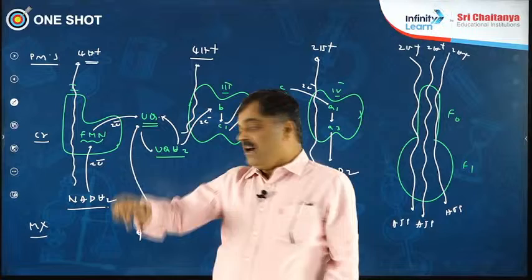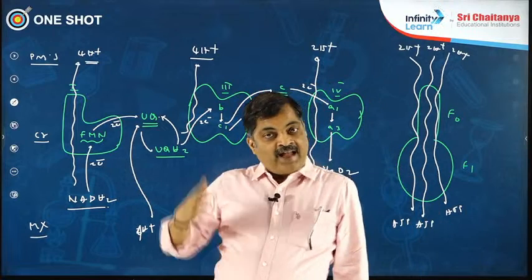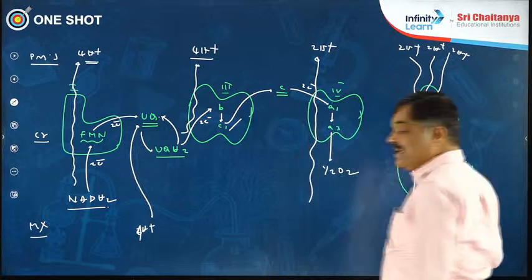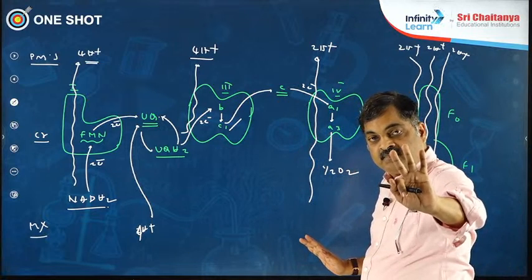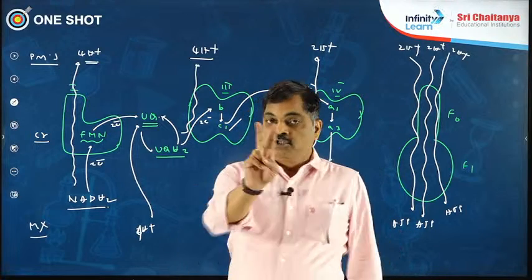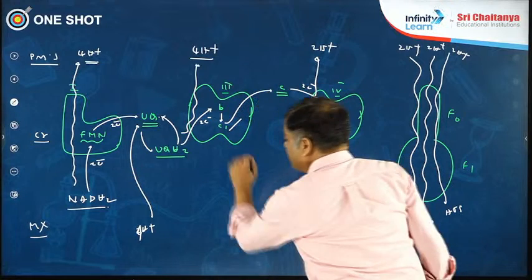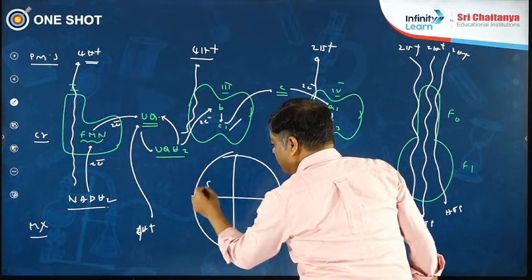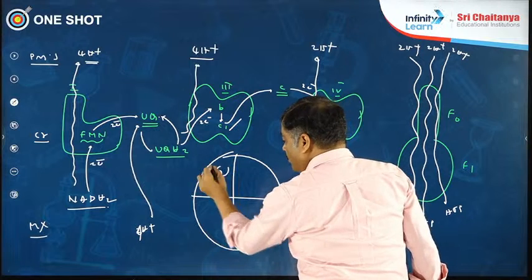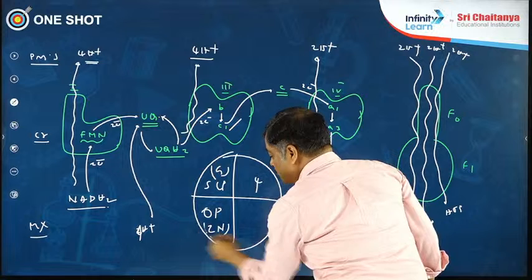It is very clear that 1 NADH2 is getting oxidized and is responsible to synthesize how many ATP? 3 ATP. Like that, how many NADH2 are produced in glycolysis? 2. Therefore, the number of ATP formed by oxidative phosphorylation will be 6. So, glycolysis, substrate level phosphorylation, gross 4. Oxidative phosphorylation, 2 NADH2, 6.